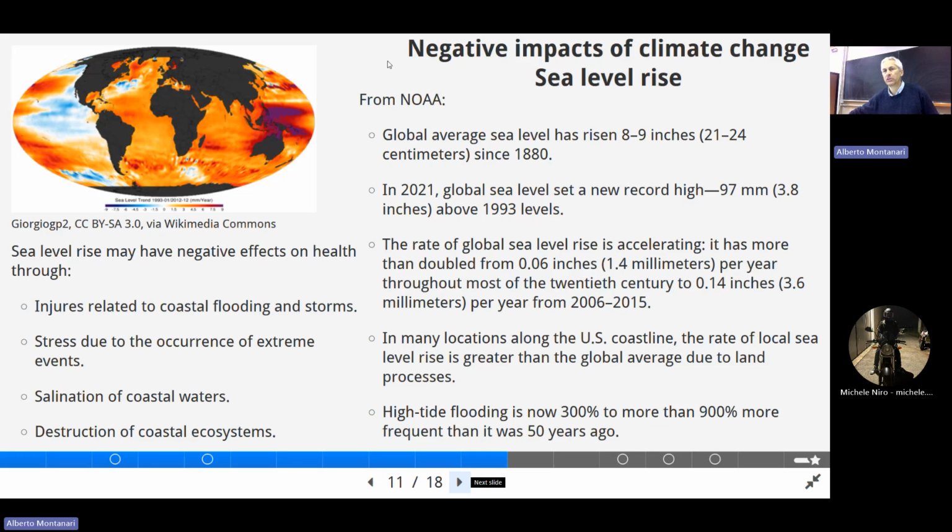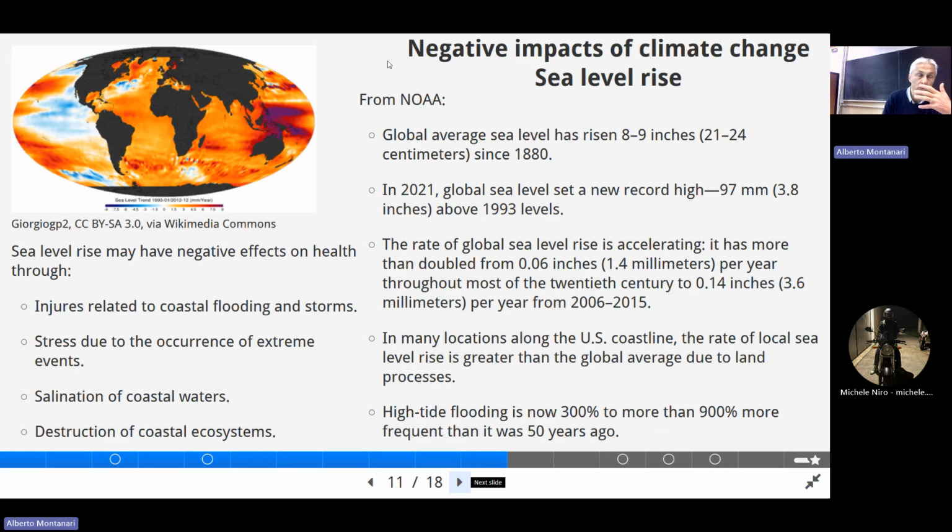And if we talk about predictions by models, because in this slide I'm talking about observations, what do the models predict? I give you an order of magnitude up to 2100, so 74 years from now. The models predict an additional sea level rise in the worst conditions of about 70 centimeters.